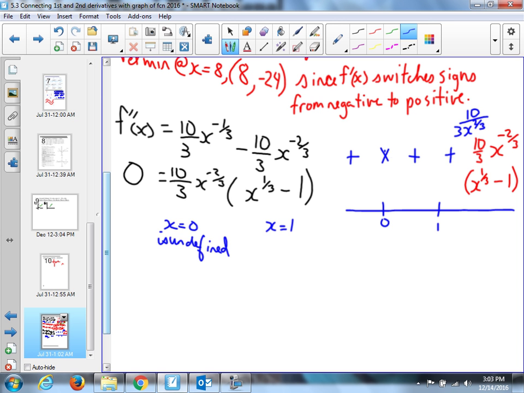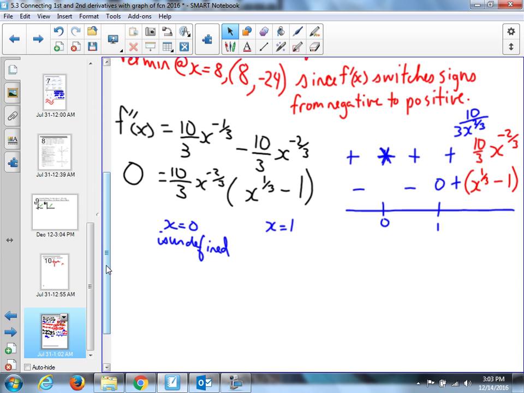So this is positive, and then right here it's nothing for that. Then we have 1 giving us a 0. Anything higher than 1 will be positive. You can see this, 8: cube root of 8 is 2, okay. Anything less will be negative.